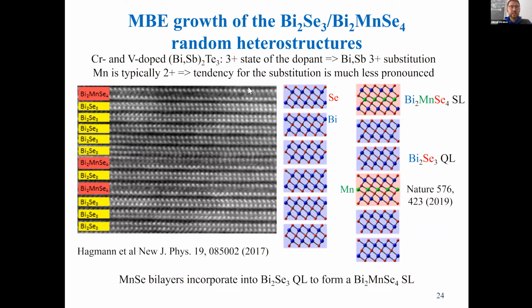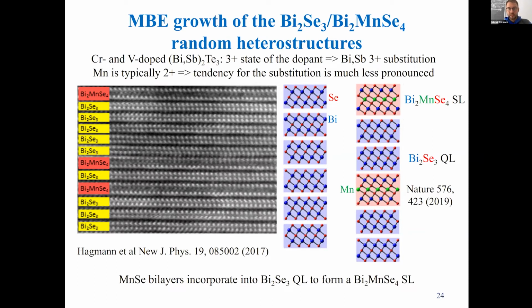What happens there is that, instead of chromium and vanadium that typically have a 3+ state in these BST compounds, and therefore readily substitute bismuth or antimony, manganese is typically 2+, and the tendency for substitution is much less pronounced.